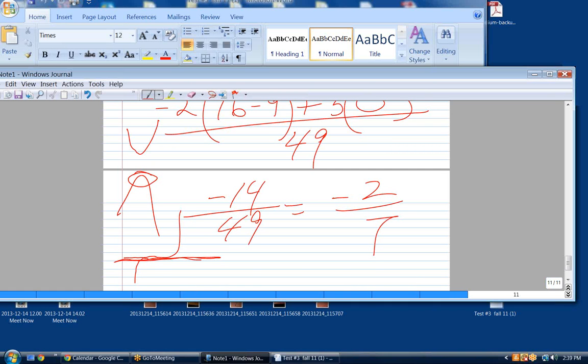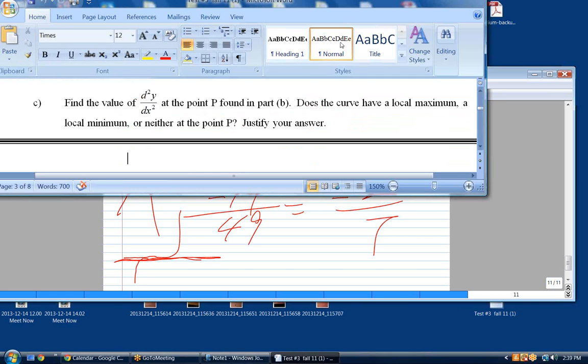The way I remember it is positive means opening up, and that means a minimum, and negative means opening down, and that means a maximum. So this is a maximum. And it would be neither if that second derivative was 0.